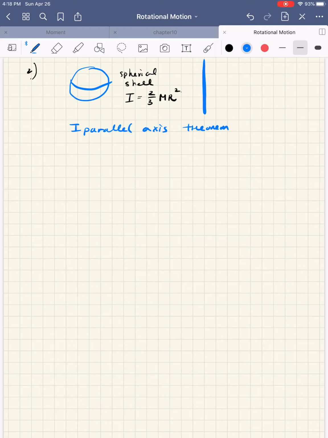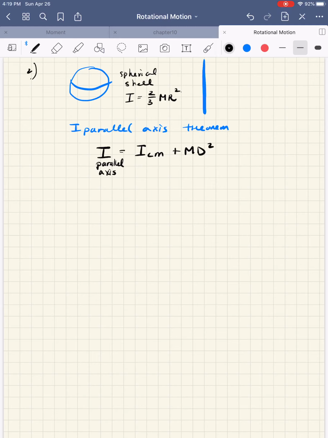It says, well, if you know the moment of inertia of an object about its center of mass, you can find the moment of inertia about a parallel axis some distance d away from the center of mass location.